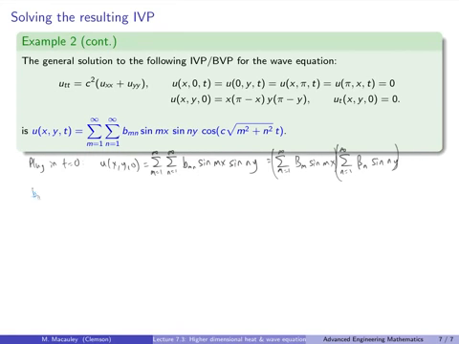It's going to be b11 sine of x sine of y plus b12 sine of x sine of 2y plus etc. plus b21 sine of 2x sine of y plus b22 sine of 2x sine of 2y plus etc. And in the end, we're going to get a bmn sine of mx sine of ny for every single pair m and n.